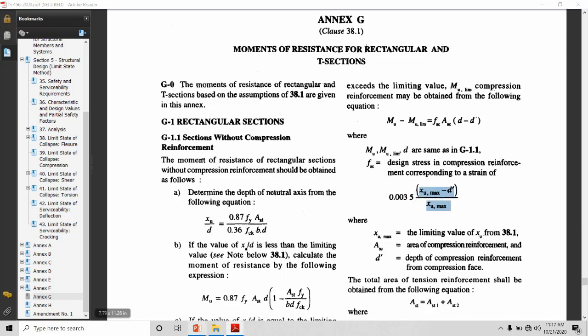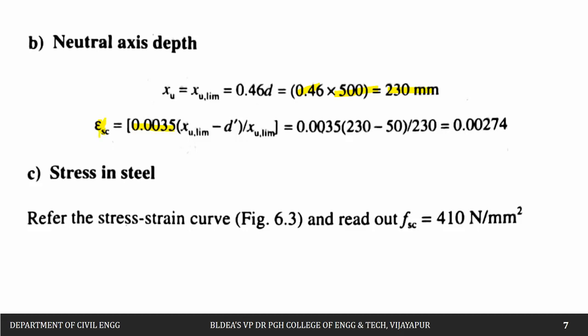XU lim we have already calculated, that is 230 mm. D dash is the effective cover, that is 50 mm. If you simplify, you will get 0.00274. This is the strain.